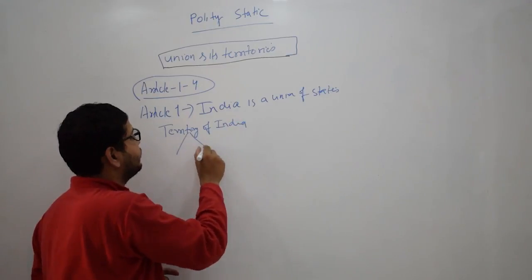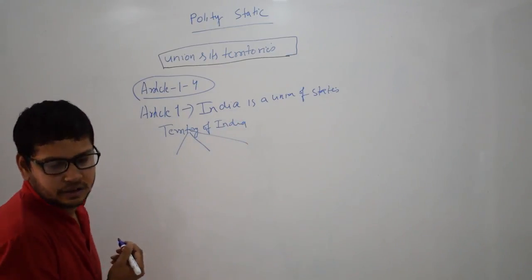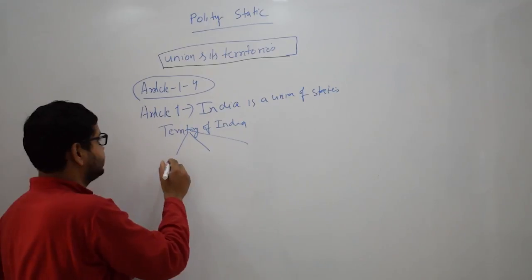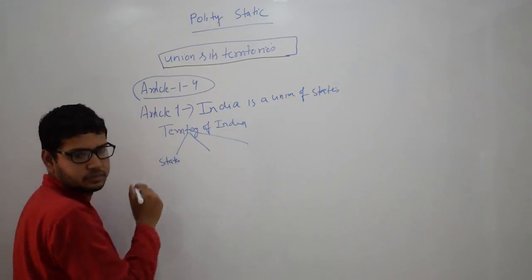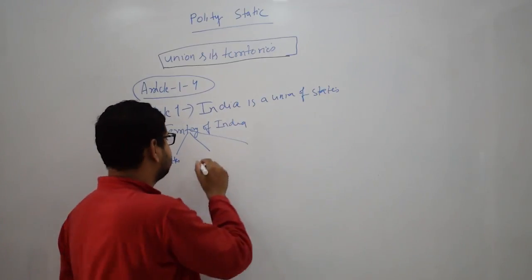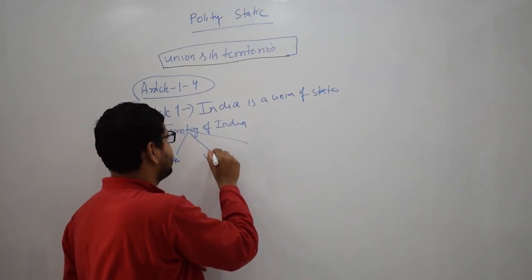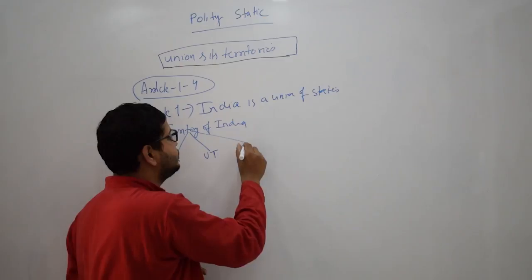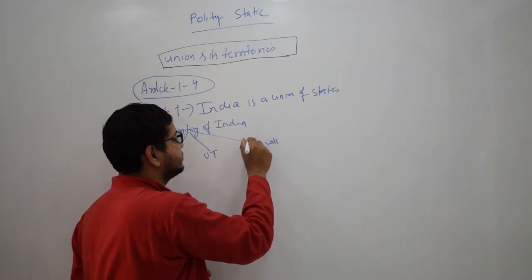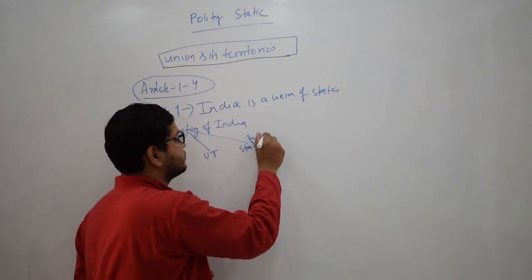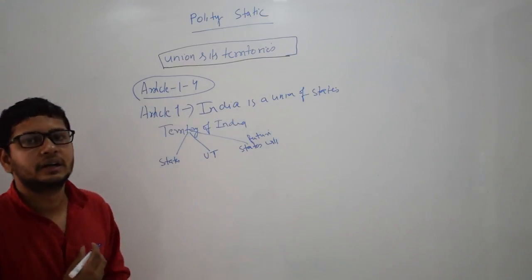And territory of India contains three things. Firstly, it contains the states. It contains the union territories. And it contains the future states which will be acquired by India. Right?